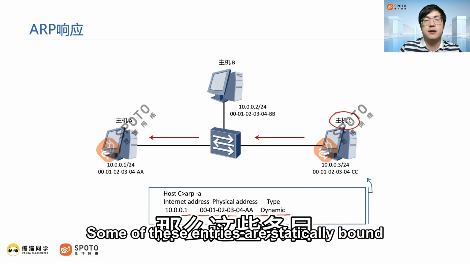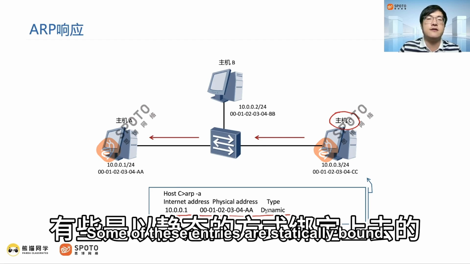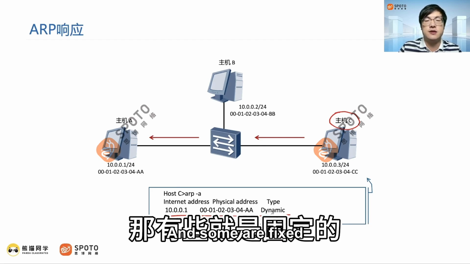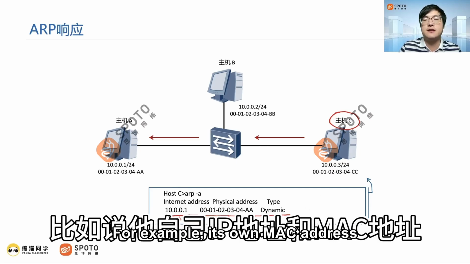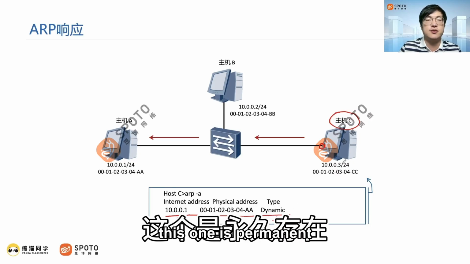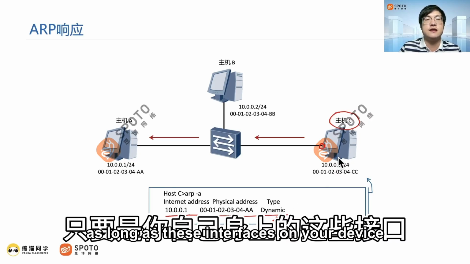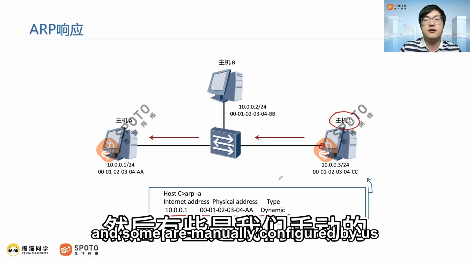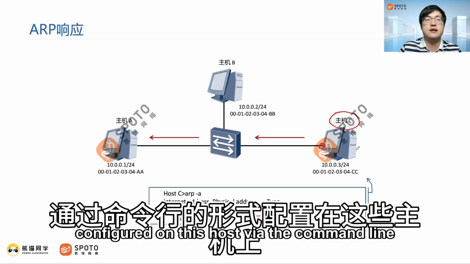Some of these entries are statically bound, and some are fixed. For example, its own IP and MAC address, so it will also have this. This one is permanent. As long as these interfaces are on your device, it will exist. And some are manually configured by us, configured on this host via the command line.